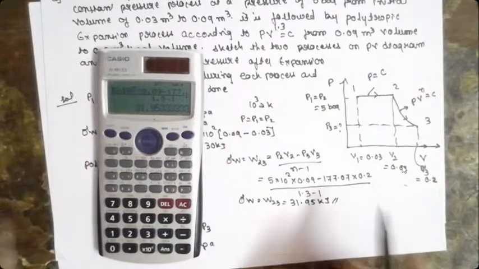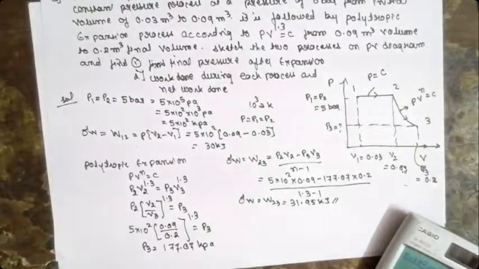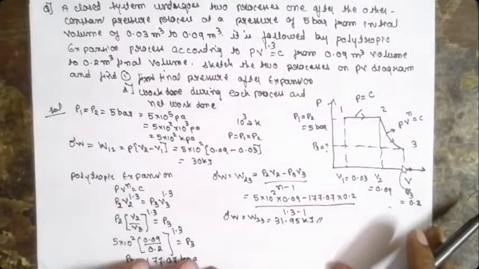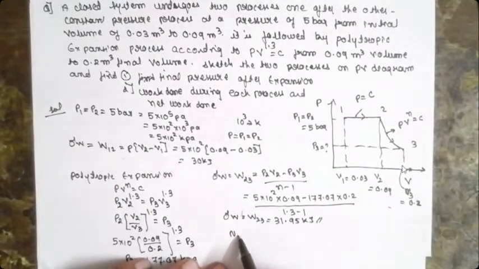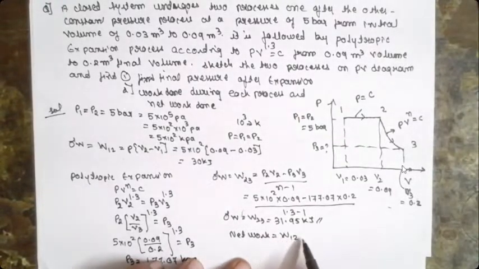We need to find out the net work done. That means we have to add it. Net work will be W12 plus W23.